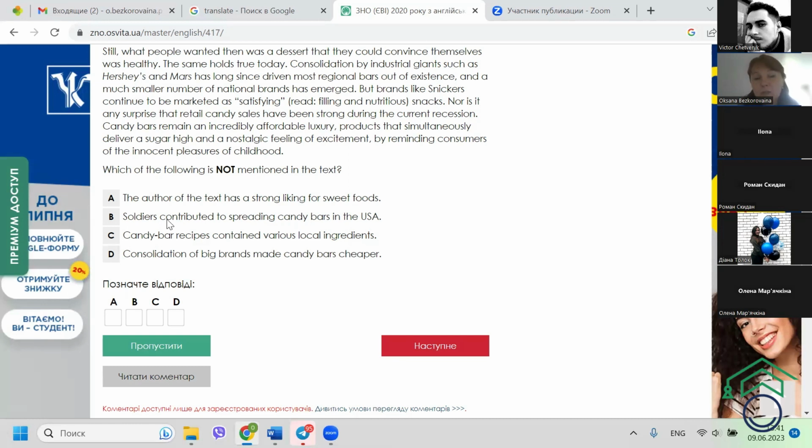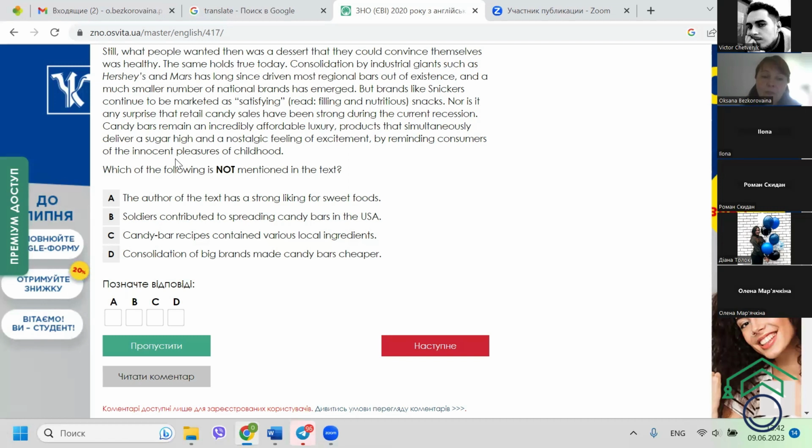Розповсюдження цих кенді-барів, батончиків, США. Candy bar recipes contained various local ingredients. Рецепти цих батончиків мали всякі місцеві інгредієнти. В батончики входили різні інгредієнти.